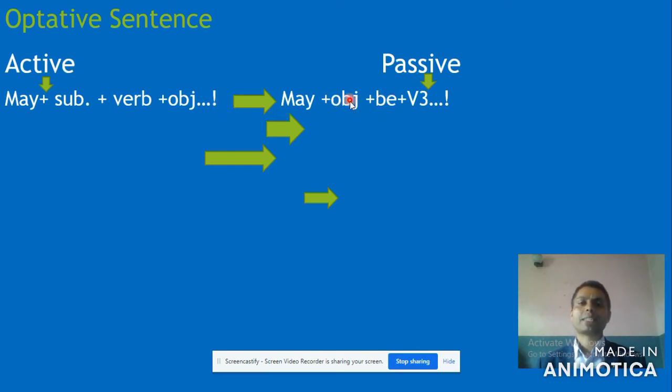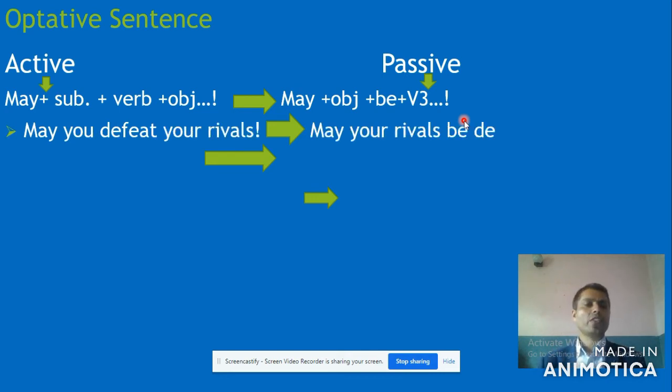And here the passive structure: may plus object plus be plus verb 3, then at last the exclamatory mark. Got it? Well, let's look at an example sentence. May you defeat your rivals. Look at here: may your rivals be defeated. Now you can compare.